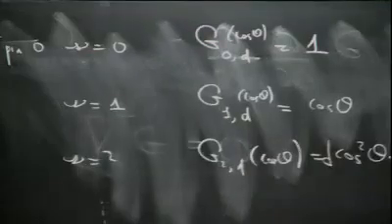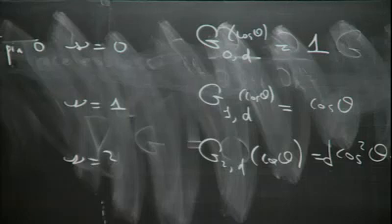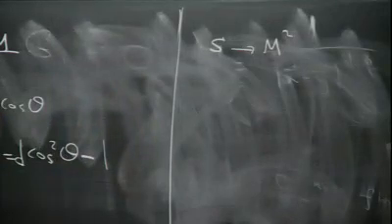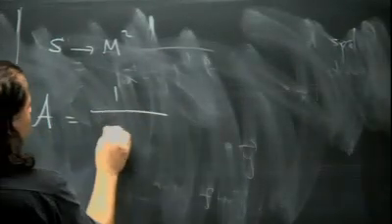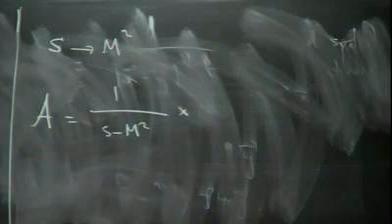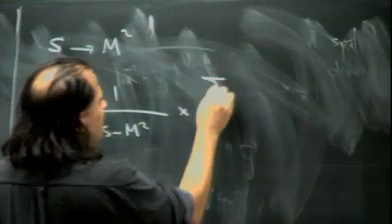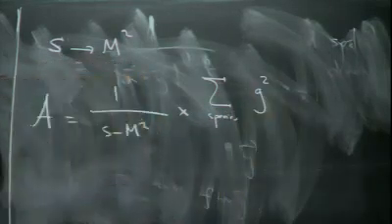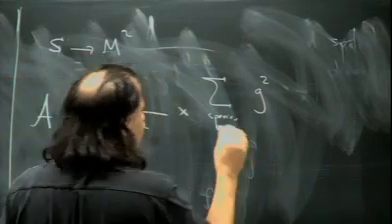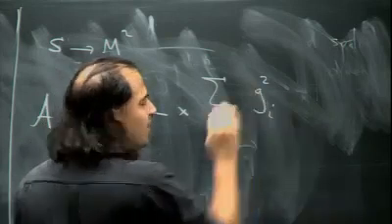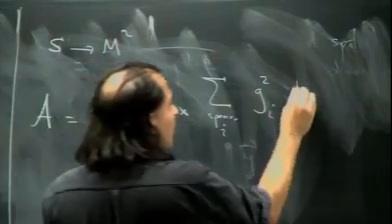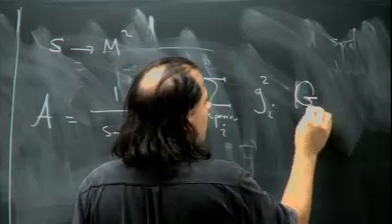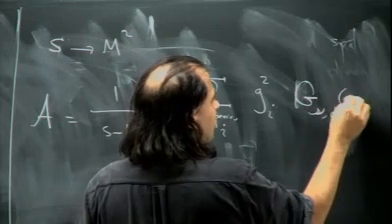All right, so let's now summarize. So we know that near a pole as s goes to m squared, the amplitude has got to look like 1 over s minus m squared times a sum over species, some g_i squared for that interaction, and the numerator's got to be a Gegenbauer polynomial, if I'm in d spatial dimensions, G_s,d of cosine theta.